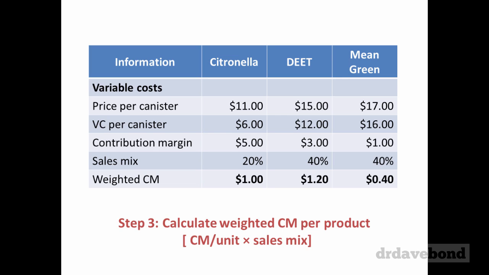To get this, we take the contribution margin per unit for each product and we multiply it by the sales mix for that product. So for Citronella, it's $5 times 20% gives you $1. For DEET, it's $3 times 40% gives you $1.20. And for Mean Green, it's $1 times 40% gives you 40 cents.